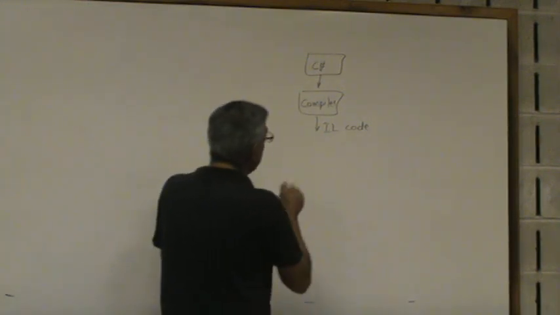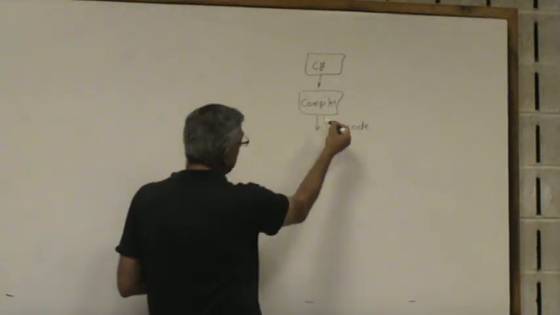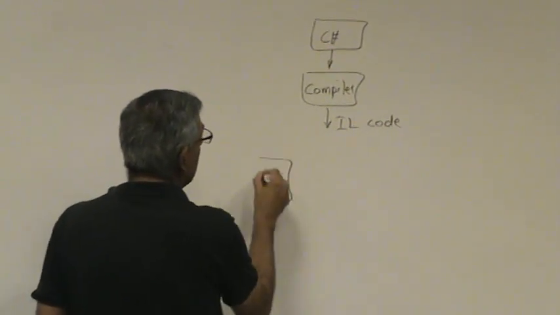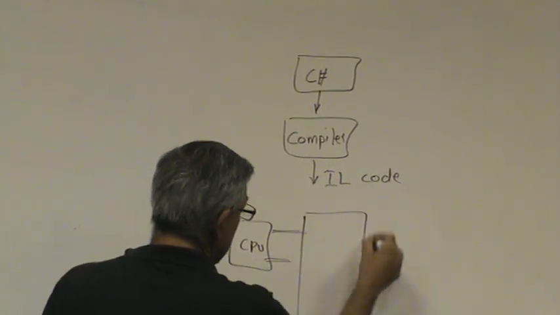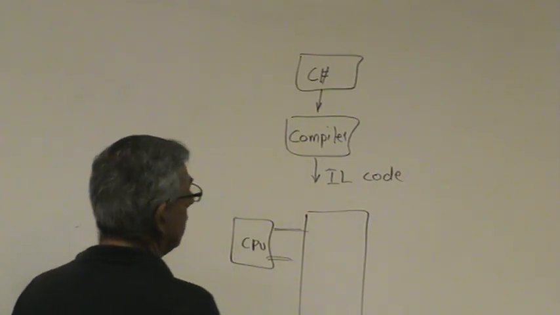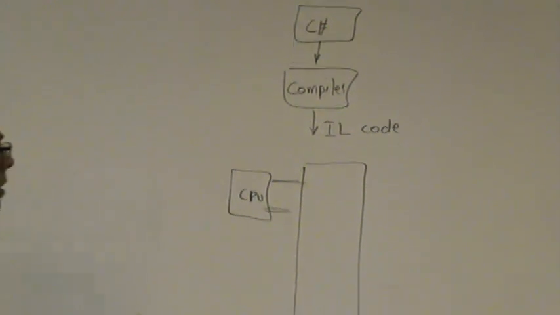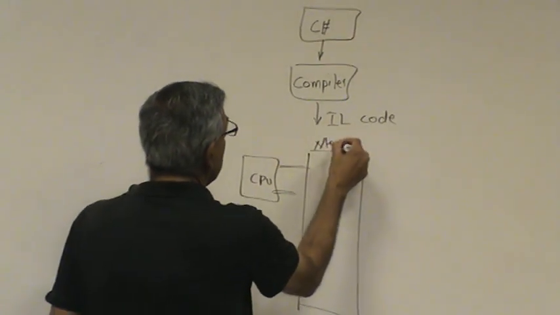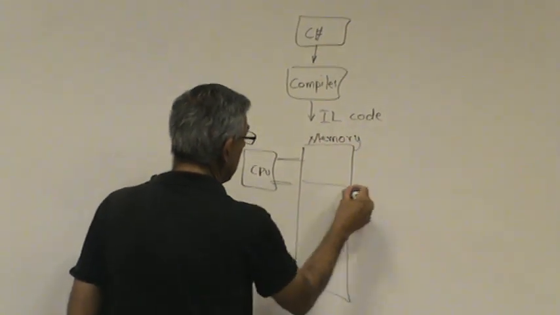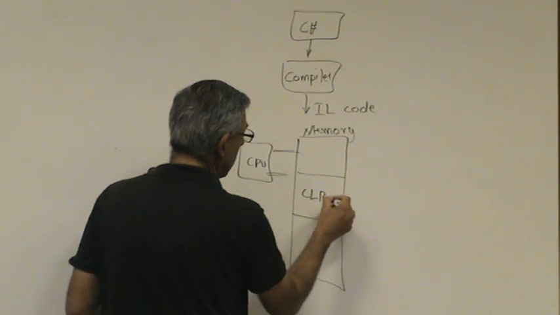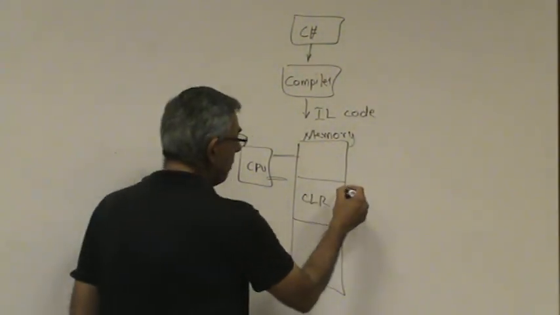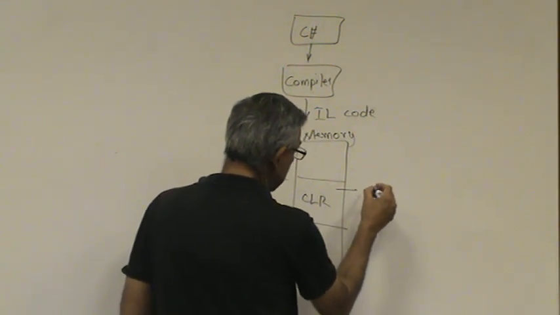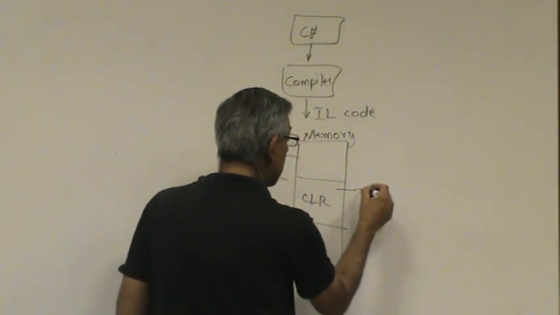Okay. So then we also discussed, in order to run this IL code, how does it work? Do we load this IL code into the memory of the computer? No. In the memory of the computer, we load what is called CLR, Common Language Runtime, which has three main parts to it. For example, the just-in-time compiler.